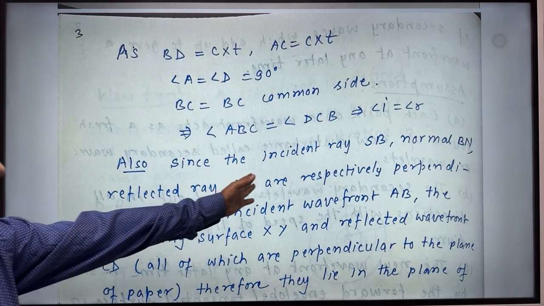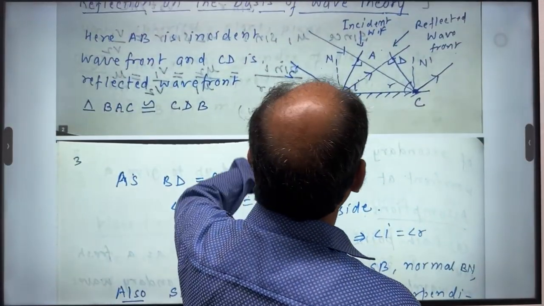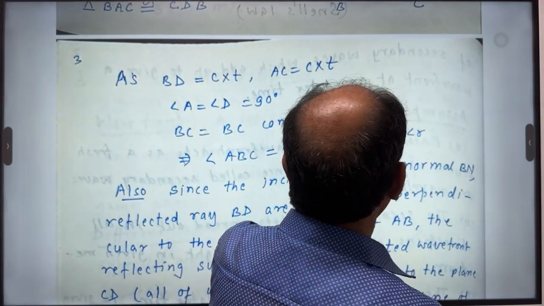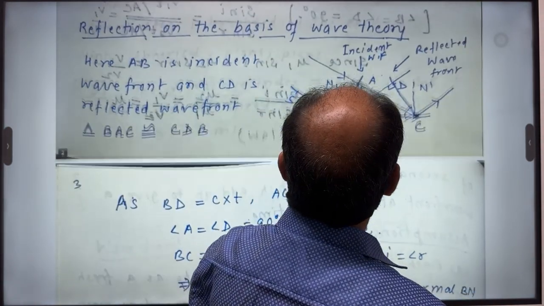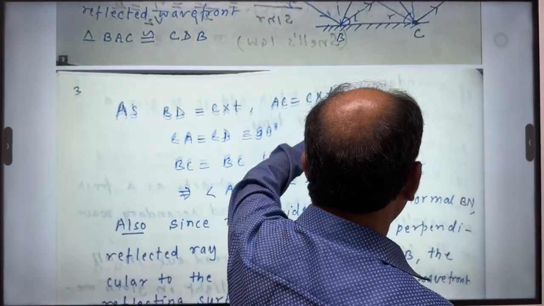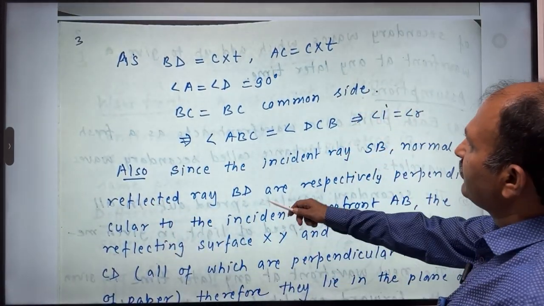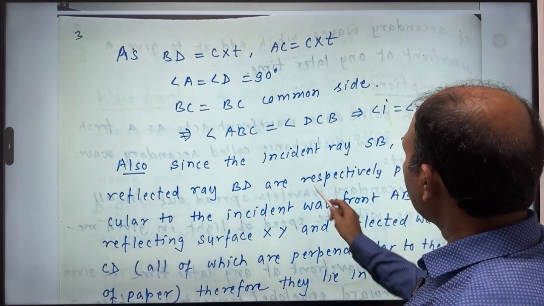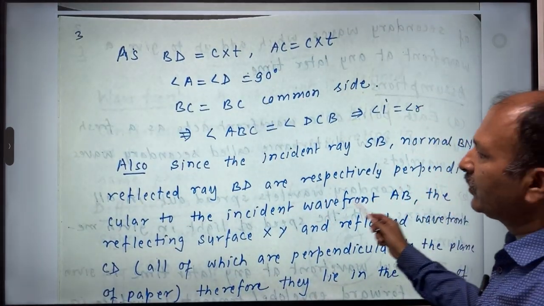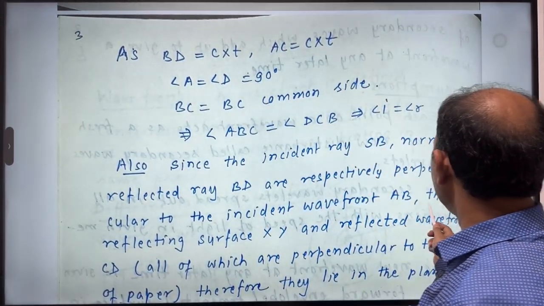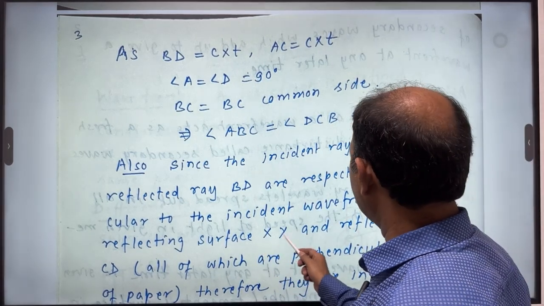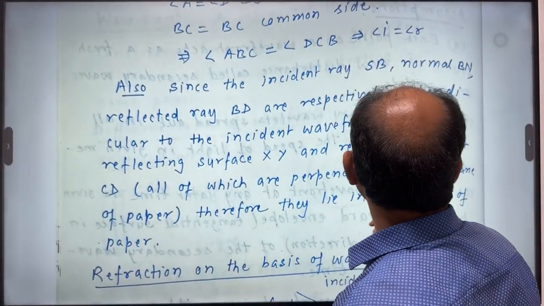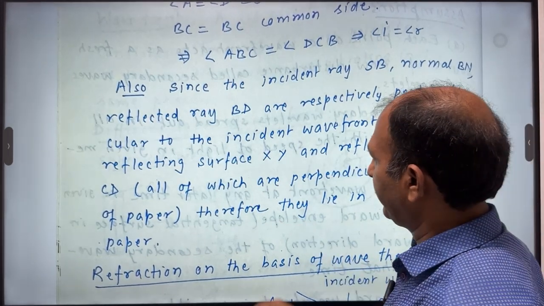Also, since the incident ray SB, if you observe here, this is the incident ray, normal BN, here there is normal BN, reflected ray BD, if you observe here, this is BD, are respectively perpendicular to the incident wavefront AB, the reflecting surface XY, and the reflected wavefront CD, all of which are perpendicular to the plane of paper.